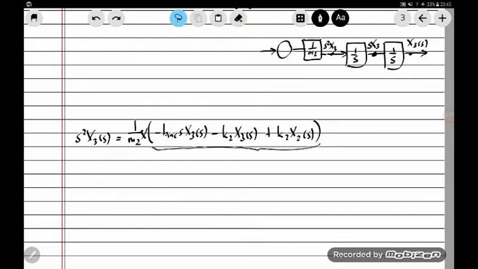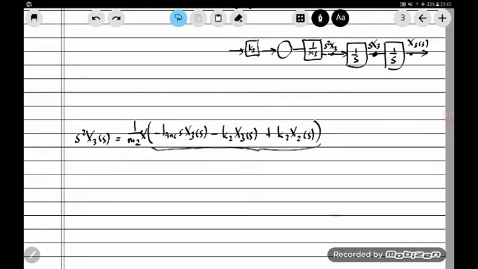We draw a block k2, and what needs to be multiplied by k2 is the signal x2. So at the moment, what's on the output there is k2 times x2.